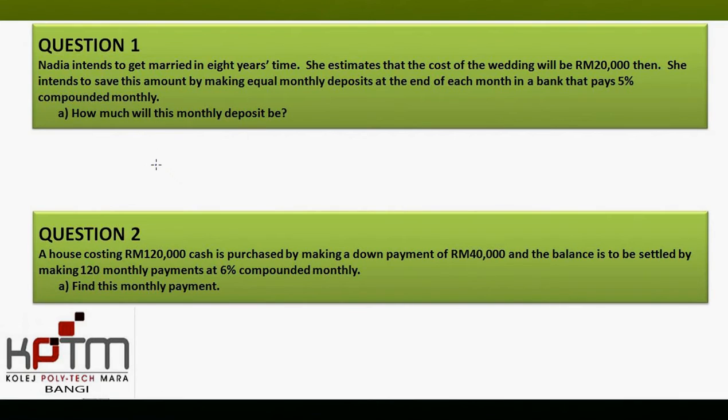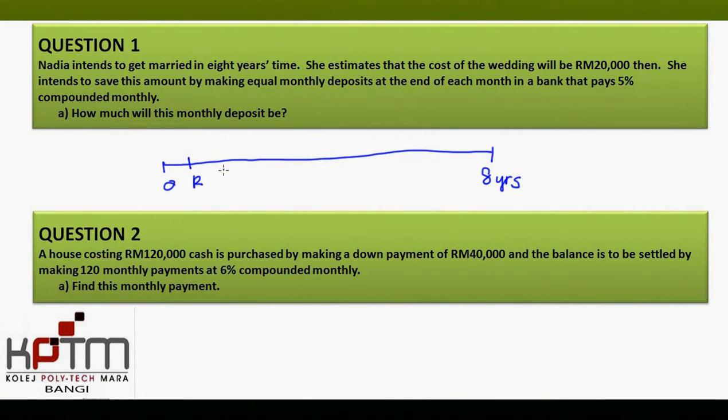Refer to question number 1. Nadia intends to get married in 8 years' time. When we draw a timeline, the duration is 8 years. She estimates that the cost of the wedding will be 20,000 then. She intends to save this amount by making equal monthly deposits at the end of each month in a bank.